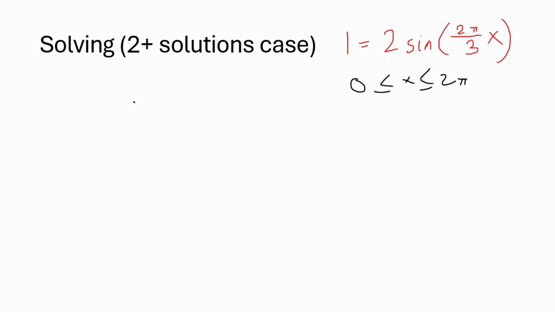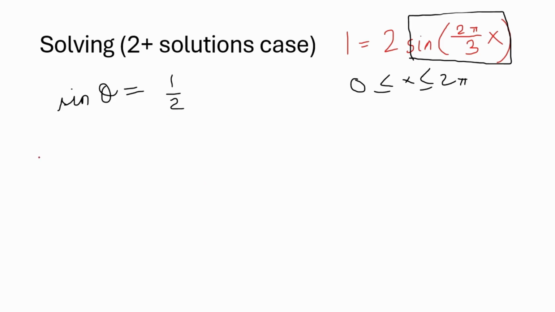So again, the first thing you do, you isolate your function sine theta, divide both sides by 2, you get 1 by 2. And so when is sine theta positive 1 over 2 in one period?